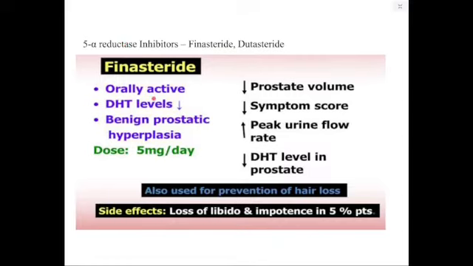So we have finasteride. It's orally active. It reduces the levels of dihydrotestosterone. It is used in benign prostatic hyperplasia, so it will reduce the prostate volume. It will reduce the symptoms. It will increase the peak urine flow. It will reduce, of course, the dihydrotestosterone levels.